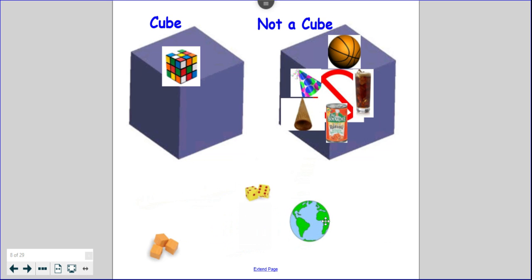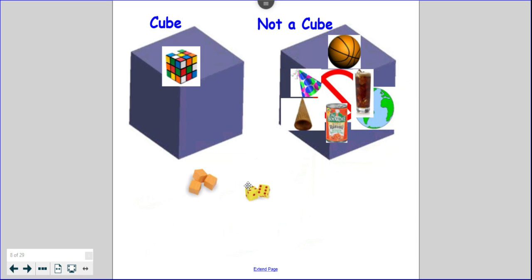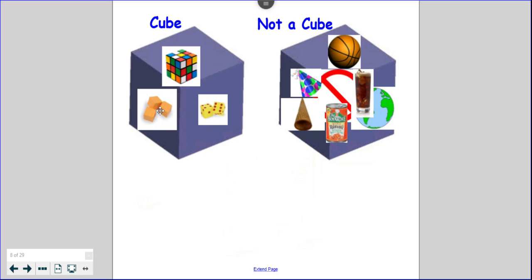What about the earth? I remember we talked about the earth being the shape of a sphere, so that is definitely not a cube. Oh my goodness, it looks like we've got all the cubes left over down here. All of their sides are shaped like squares.